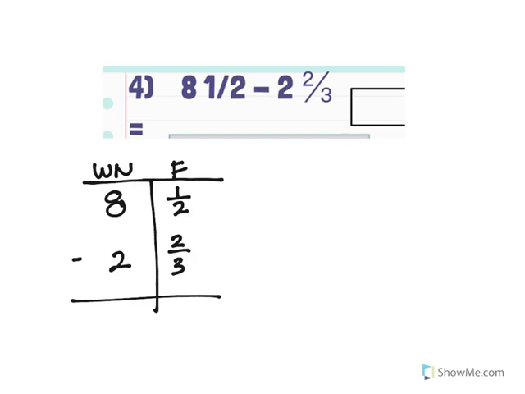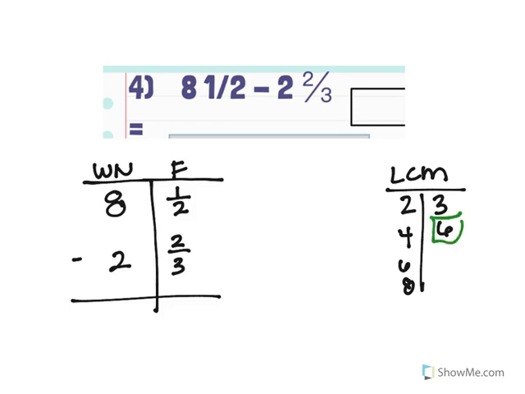Again, we cannot subtract fractions with unlike denominators, so we have to find that LCM of 2 and 3. We can see the LCM is 6. So again, we're going to convert 1/2 and 2/3 to sixths. So we have 3/6 minus 4/6.